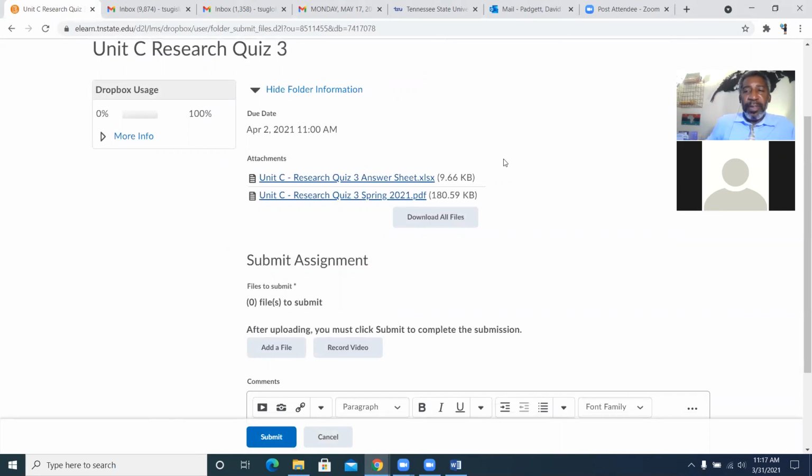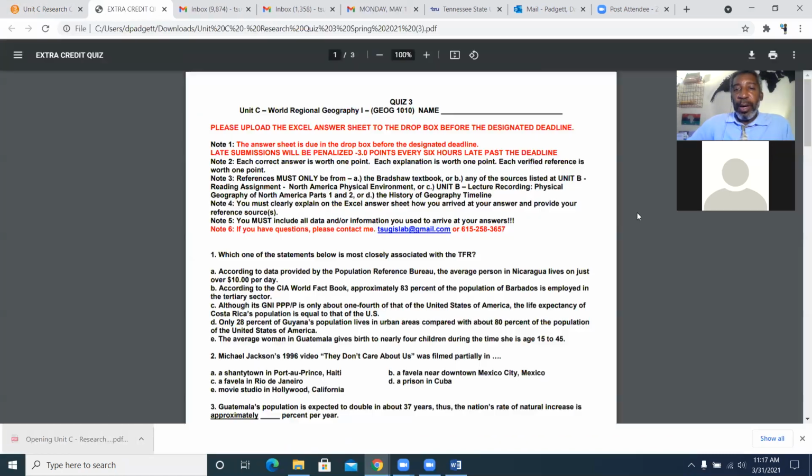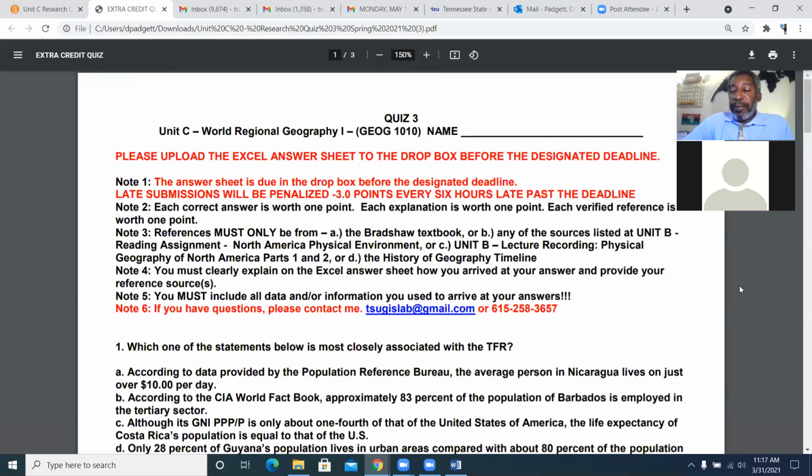The quiz is due at 11 o'clock a.m. on Friday. Just make a note of that. The resources for the quiz are located, as usual, in content. If you notice, this quiz focuses upon the population geography of Latin America and the Caribbean.